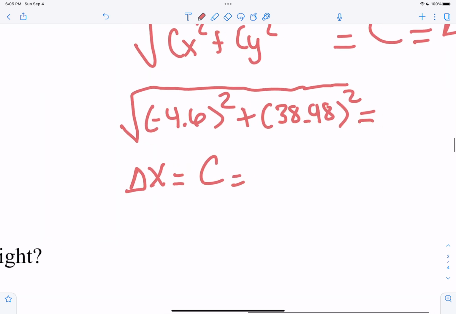I got 39.3, but rounding errors and different calculators will account for small differences here and there. That doesn't matter. This class doesn't factor in any significant figures, and they don't really bog you down too much about rounding, as long as everything is pretty close to the correct answer and within reason.